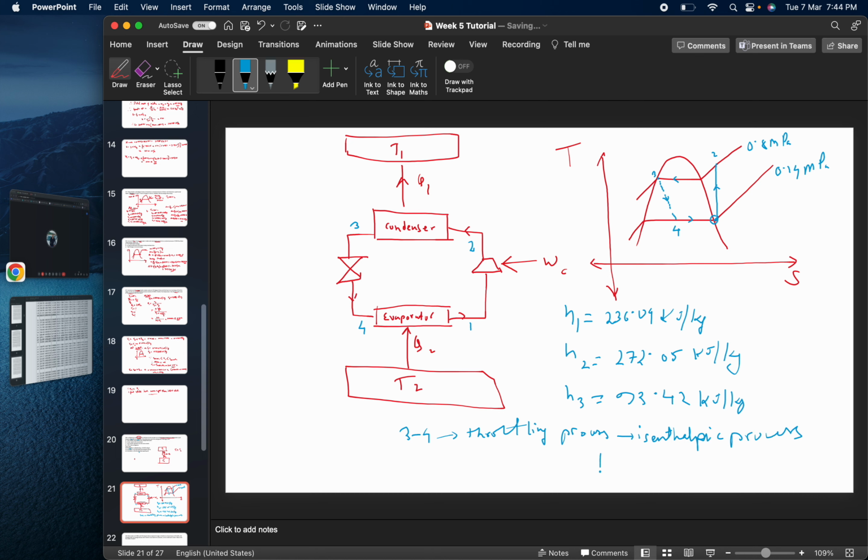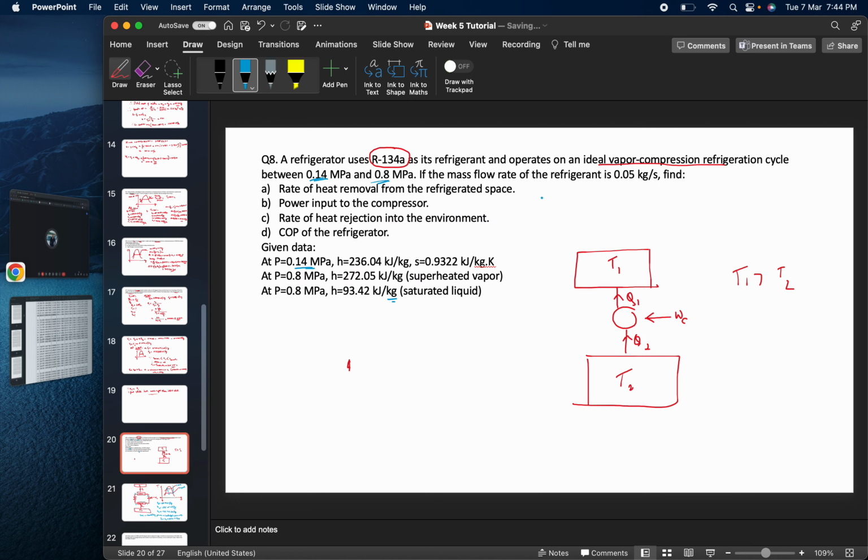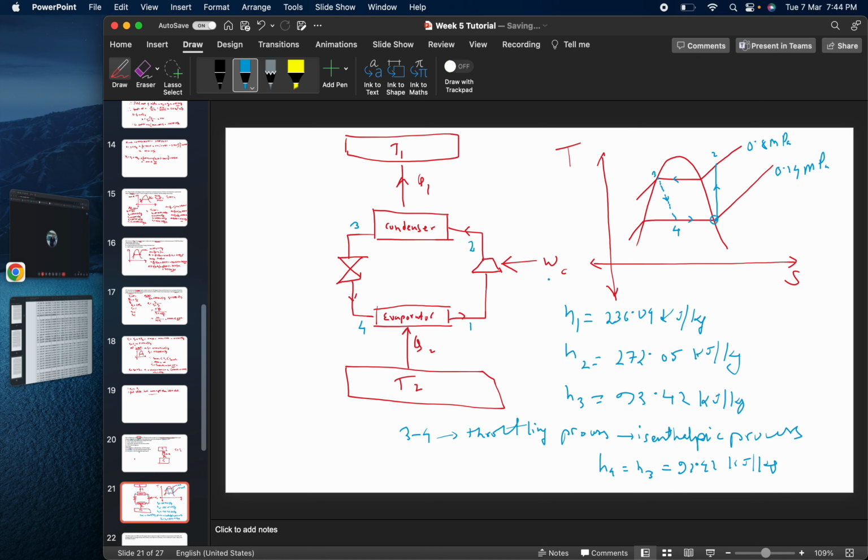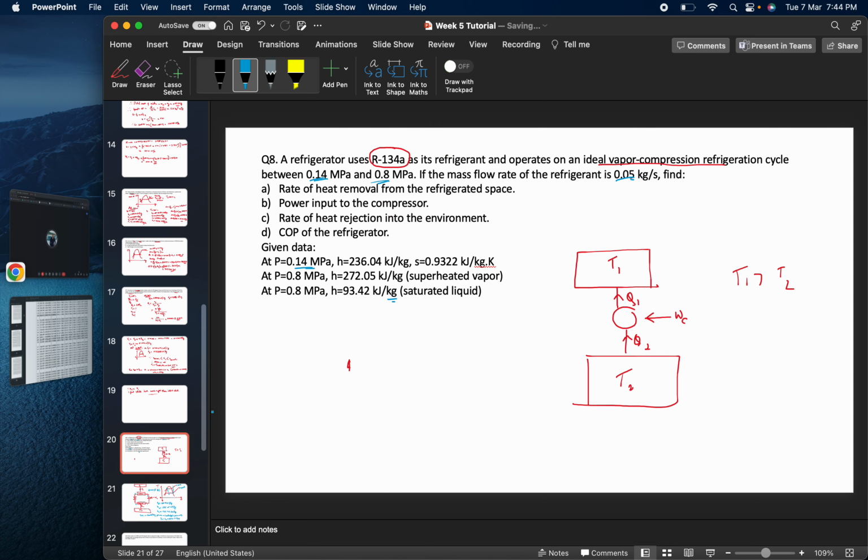So that means H4 is equal to H3, which is 93.42 kilojoule per kg. One more thing is given: the mass flow rate, m dot, is 0.05 kg per second. Now everything is clear.